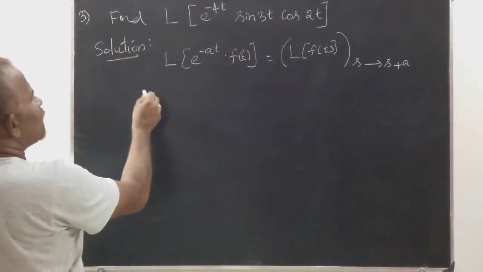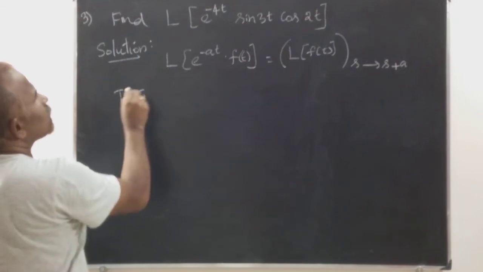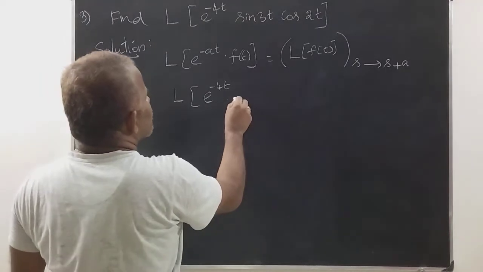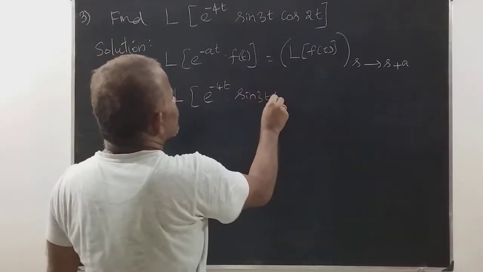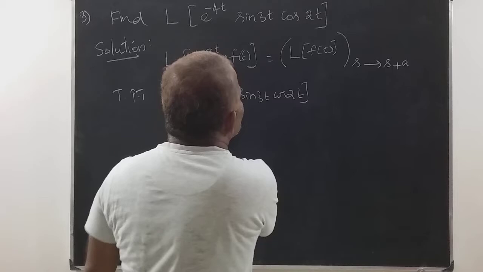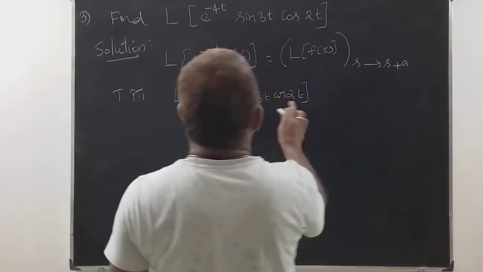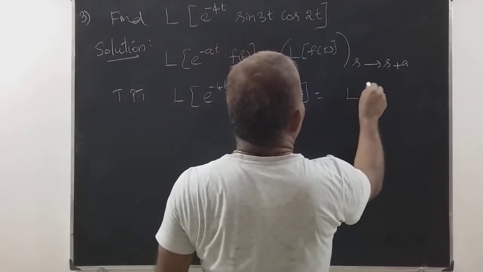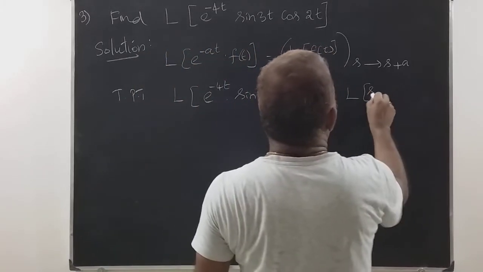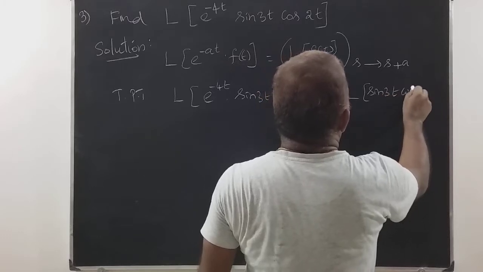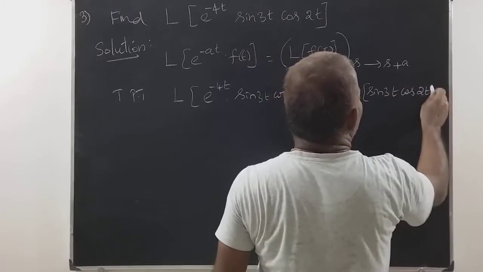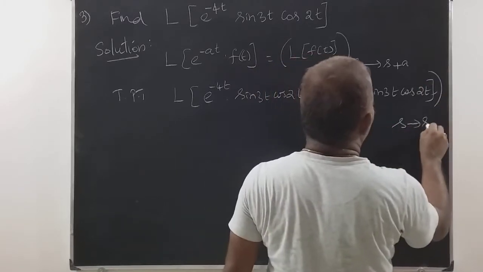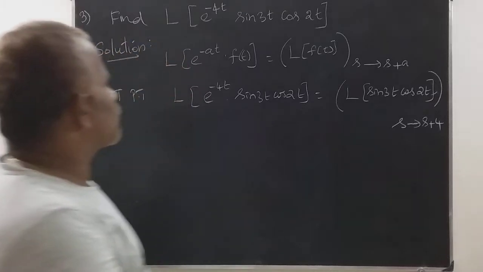So similarly, L of e power minus 4t into sin 3t cos 2t, where this is f of t, is equal to L of sin 3t cos 2t as s tends to s plus 4.